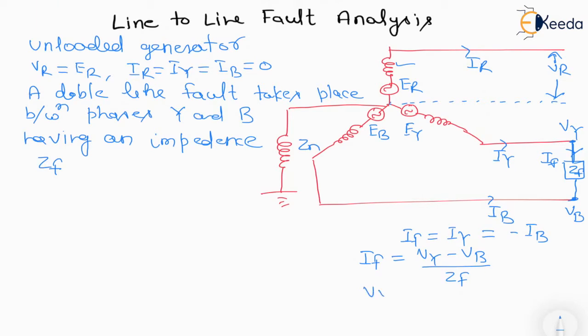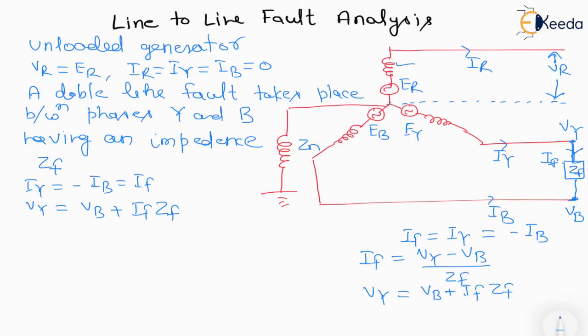So we can write Vy is equal to Vb plus IF into ZF. So IY will be equal to minus IB, and that will be equal to fault current, and Vy is equal to Vb plus IF into ZF.